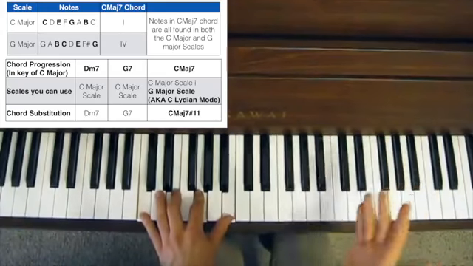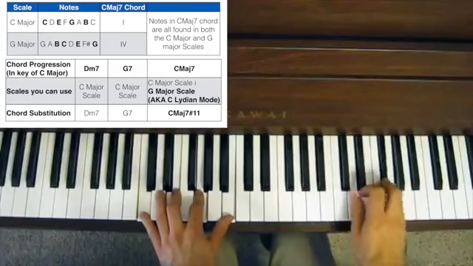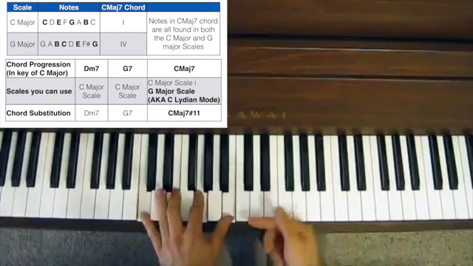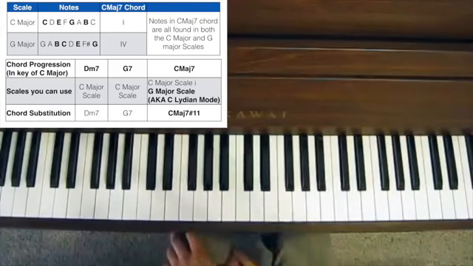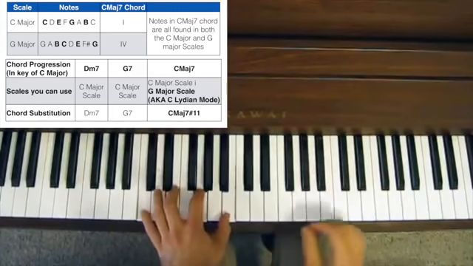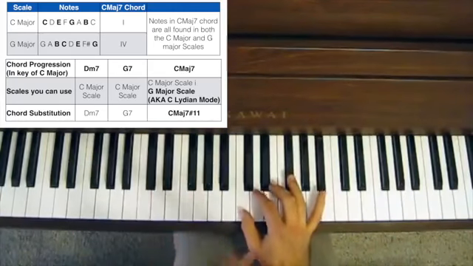But in jazz, you don't have to necessarily stick to that. It'll still sound good if you play G major over that one chord because that chord can be derived from G major. And incidentally, playing the G major scale over a C major 7 chord means you're technically playing the C Lydian mode.